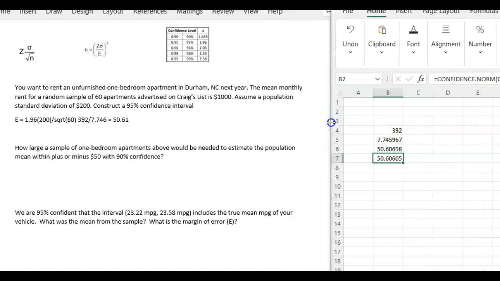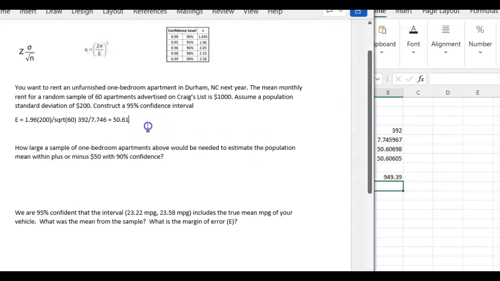It does not give us our confidence interval, but it does give us our margin of error, which is 50.61, and then to construct your confidence interval, you simply subtract that from your mean and add it to your mean. So I'm going to take my mean, I'm going to subtract 50.61, and that gives me 949.39.